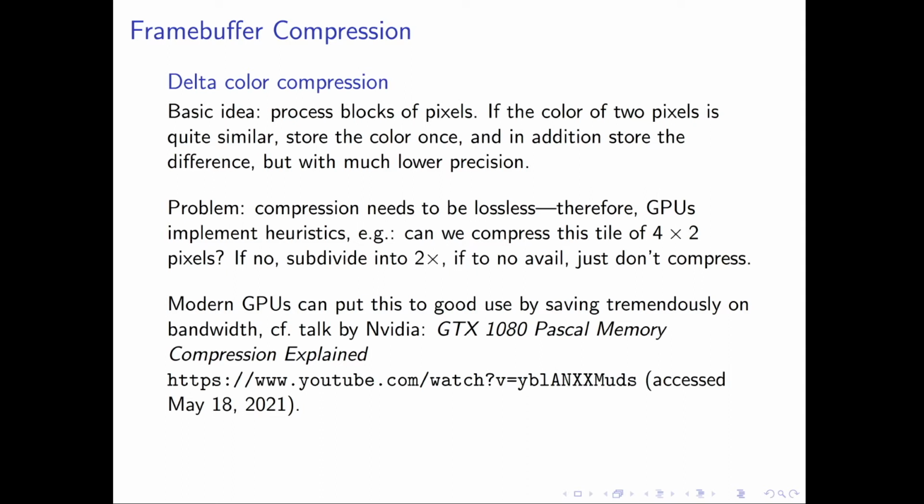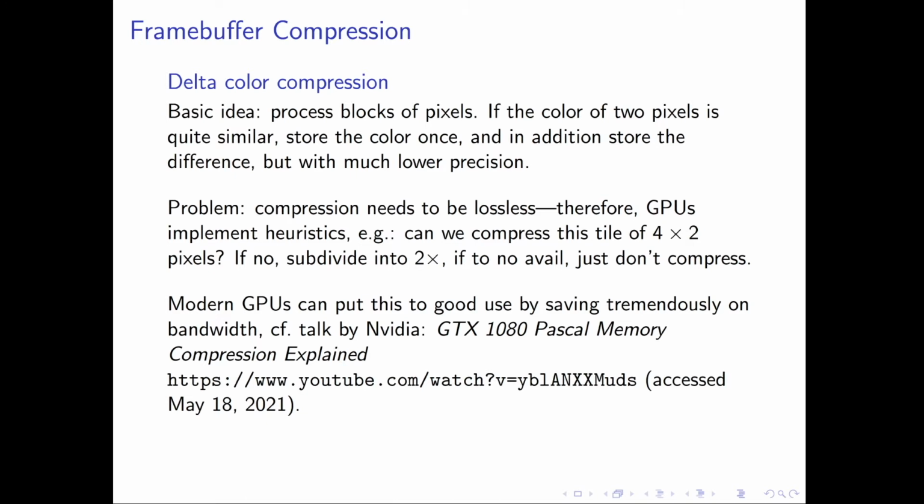Run-length encoding is a very simple algorithm, but the type of algorithms that quite often come to use are so-called delta color compression algorithms. The idea is basically that if you have a block of pixels, you pick one representative color from that block, and then for all the other pixels you just compute the difference.